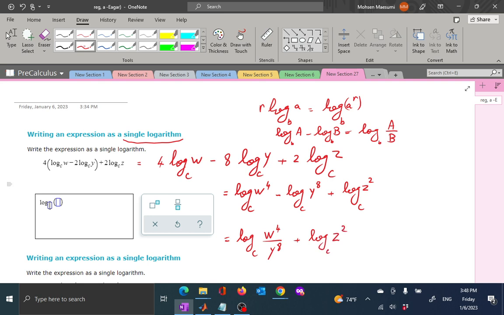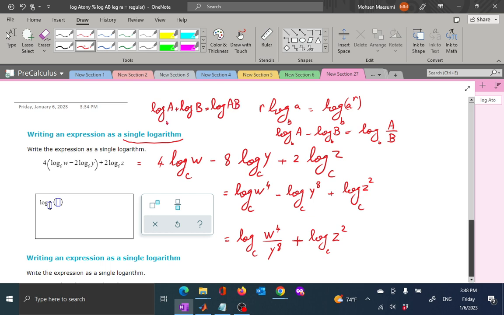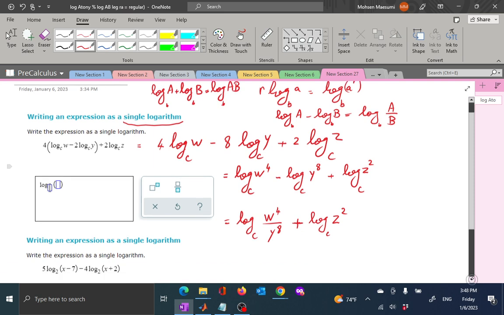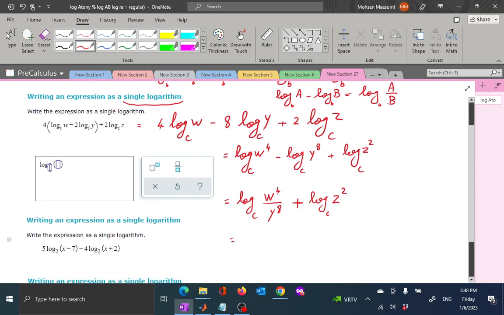Next, we have addition of two logarithms. Let's remind ourselves about that rule. We had logarithm of a plus logarithm of b, that was logarithm of a times b, so long as the bases are all the same. So what happens here is that we are going to have logarithm of w4 over y8 times z squared, all of it in base c.